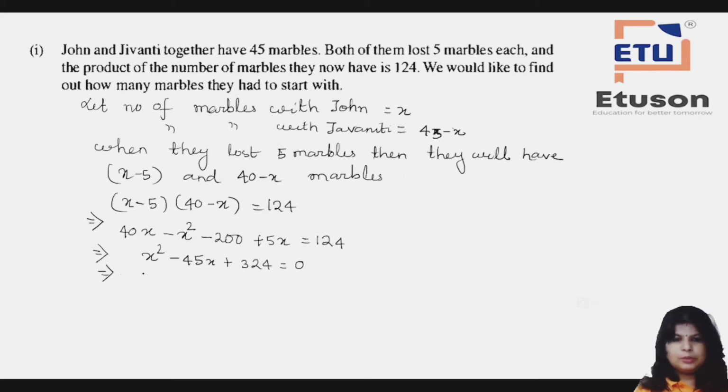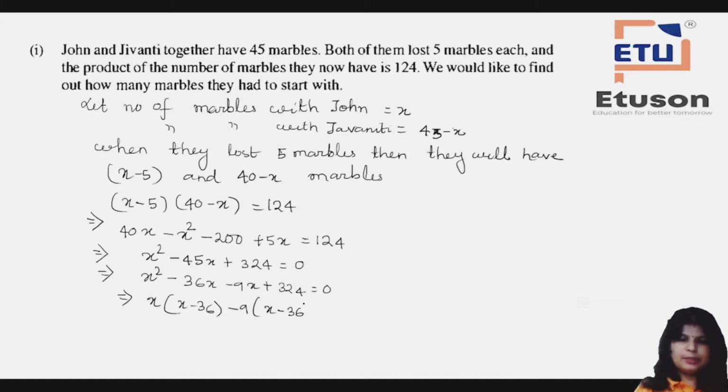Now splitting the middle term, you get x square minus 36x minus 9x plus 324 is equal to 0. Taking x common here, you will get x into x minus 36, and taking minus 9 common here, you will get minus 9 into x minus 36, that is equal to 0.